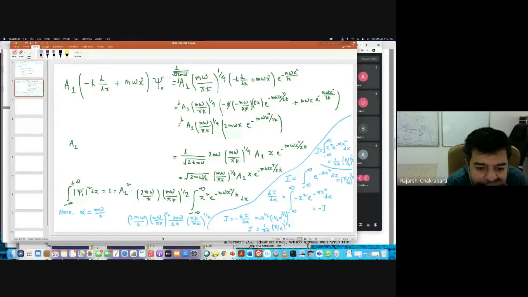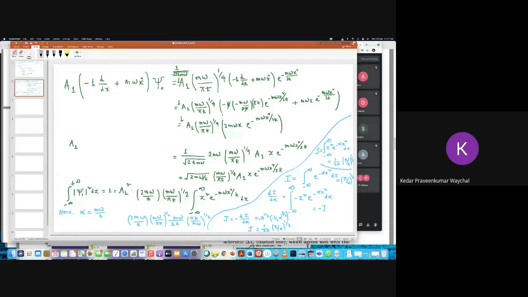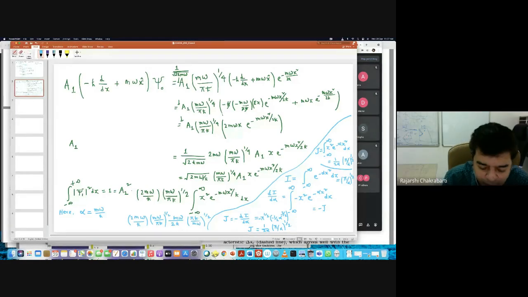It should be the other way, isn't it? Yes, 1 by 2 alpha is going to be the inverse of this, whatever is there, h cross by 2 m omega. So this one is going to be h cross by 2m omega.